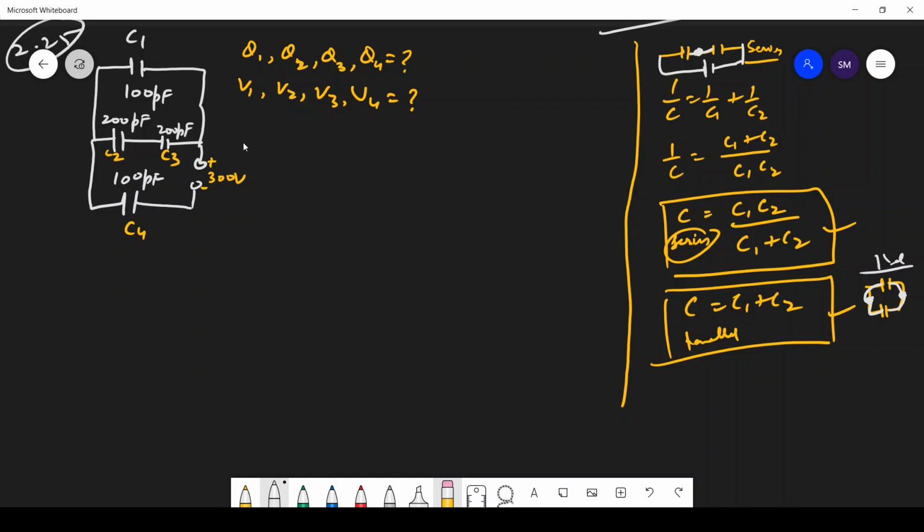Now, clearly we can see that C2 and C3, only one of their arms is connected, right? Or one of their terminals is connected. So we can write this as an equivalent circuit.